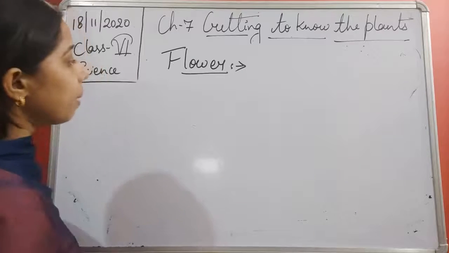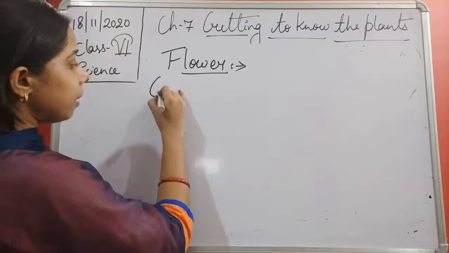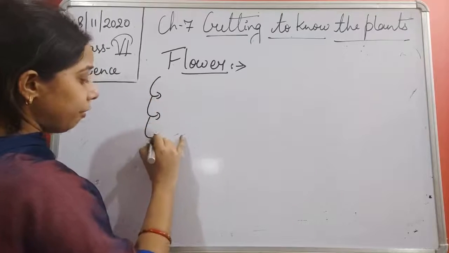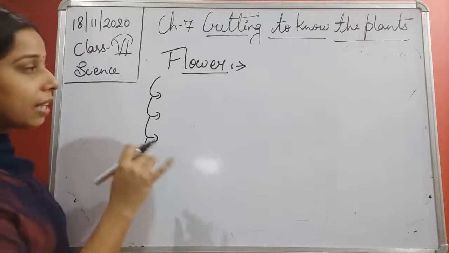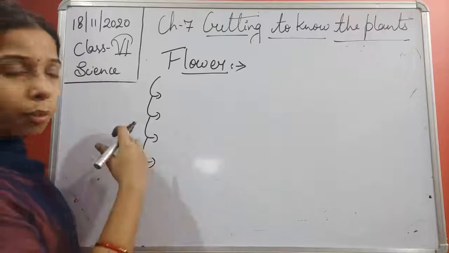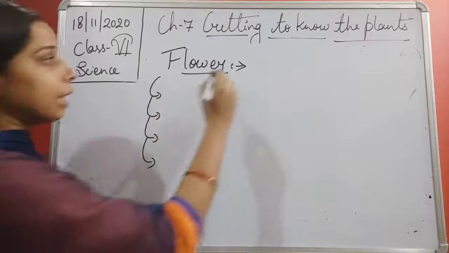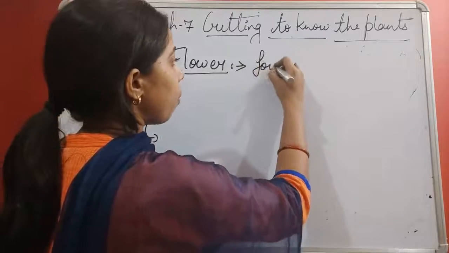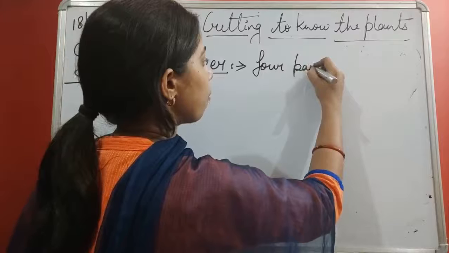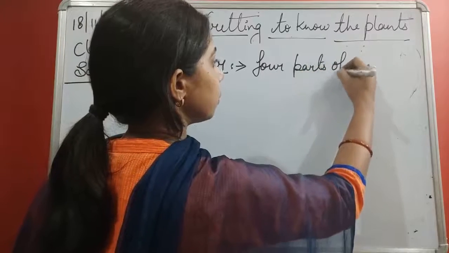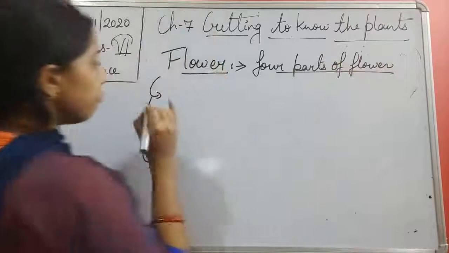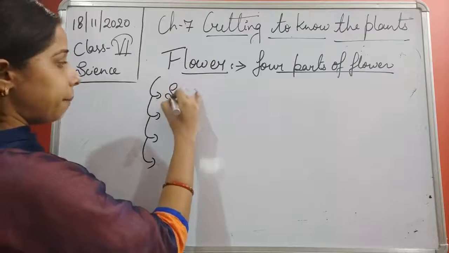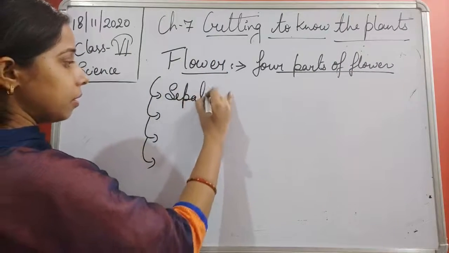Basically, when we talk about the flower, the flower is divided into 4 different parts. Let me show you with a flow chart, and then we will move forward. So, the very important 4 parts of the flower: first one is the sepals.